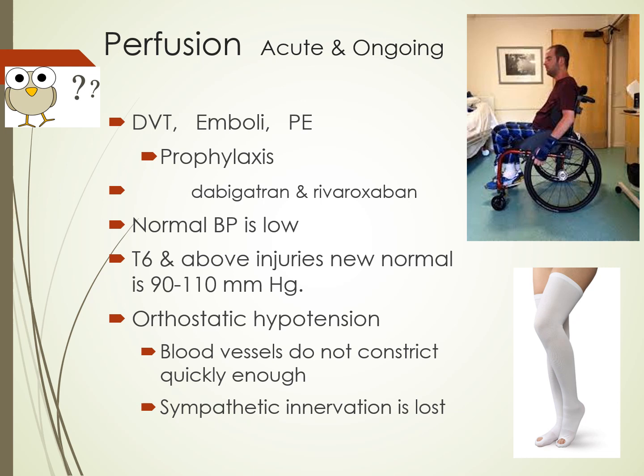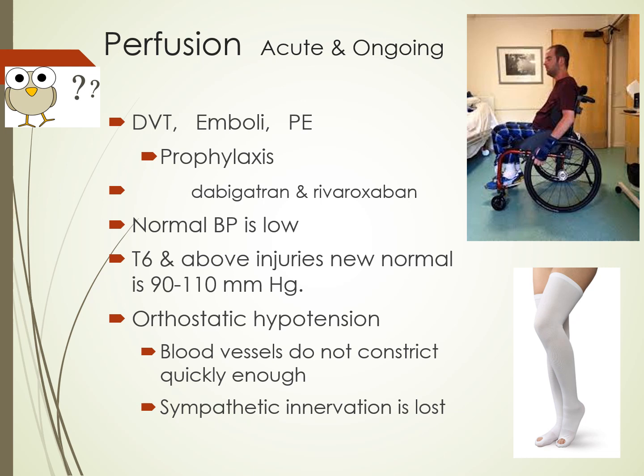The new normal for spinal cord injuries, especially those with T6 and above, is that their systolic blood pressure is much lower. It's like between 90 and 110 is more like the average. And keep that in mind when we talk about autonomic dysreflexia in slides to come.